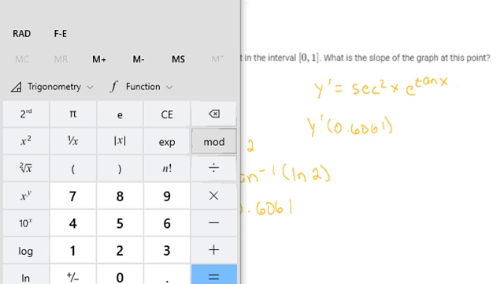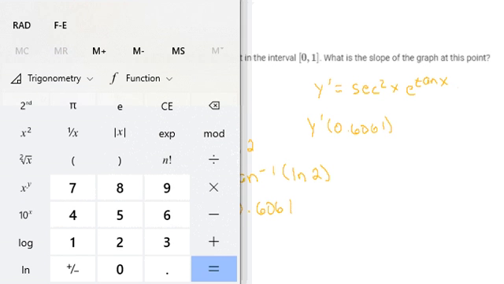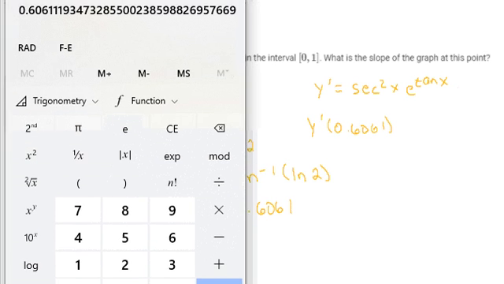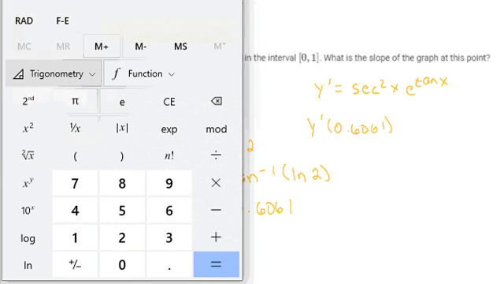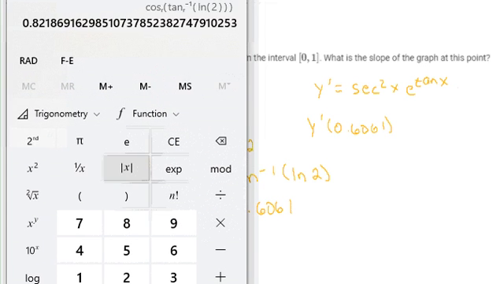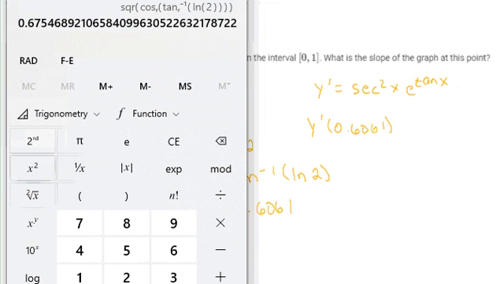Okay, so now follow along with what I'm going to do here. We want the secant at 0.6061. We've got that number already in here, so we want to take the cosine of that. Then we square it, and then we take the inverse of that, since secant is the inverse of cosine.